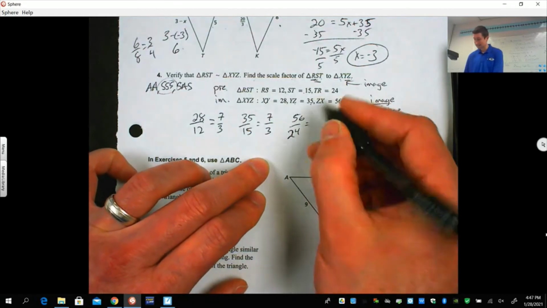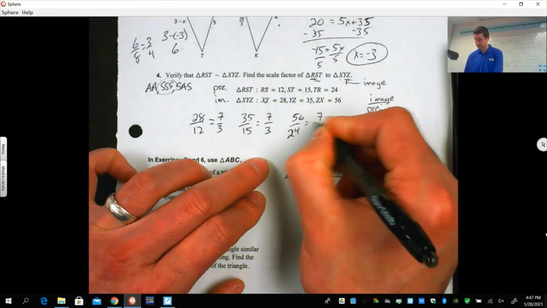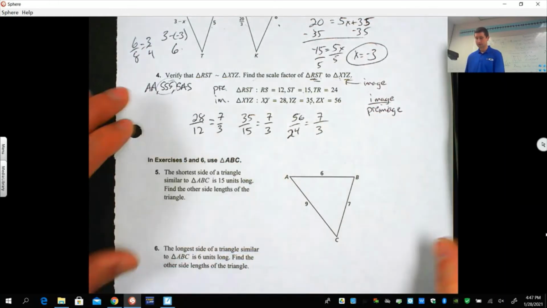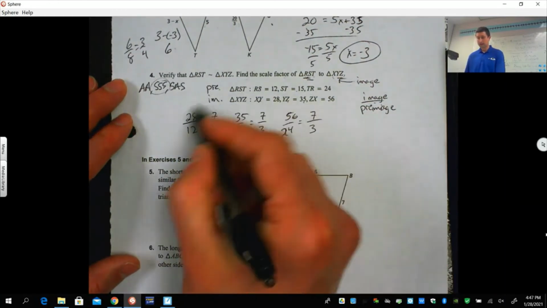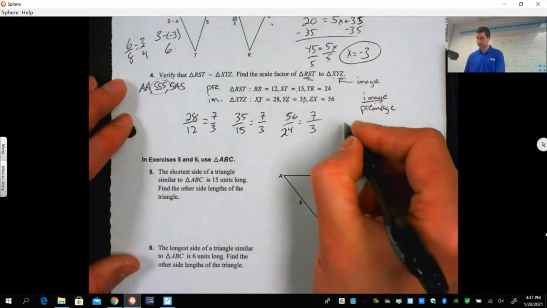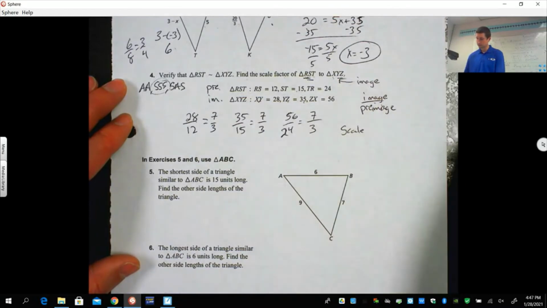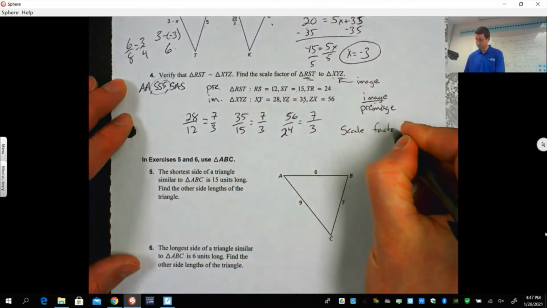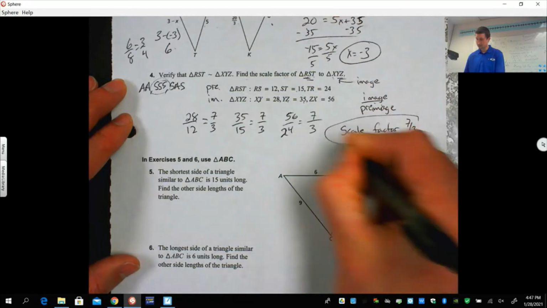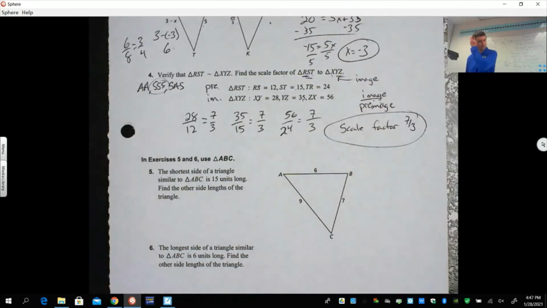Divide those by 8. 56 divided by 8 is 7. 24 divided by 8 is 3. So we have verified it because they all have a scale factor of 7/3. Make sure you go image over pre-image.